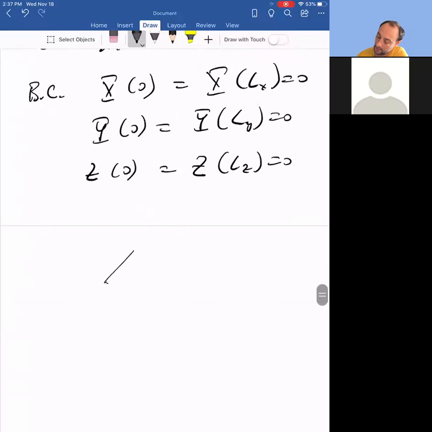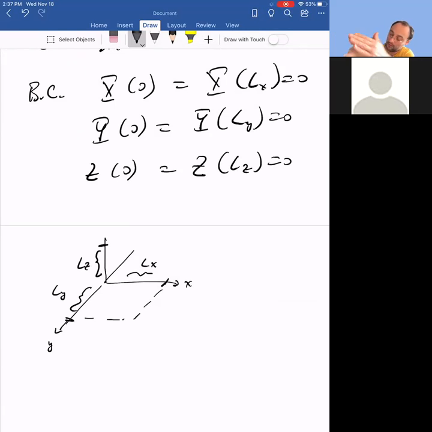Right, so you have the origin, this is your x coordinate, this is Lx, this is the y coordinate, this is Ly, and this is Lz.